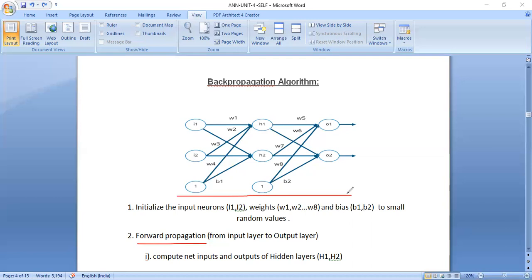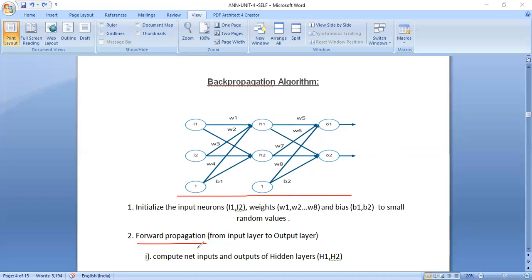This kind of task is called forward propagation. From the input layer, from I1 to O1, you should perform calculations up to the output of O1. This is the forward propagation.